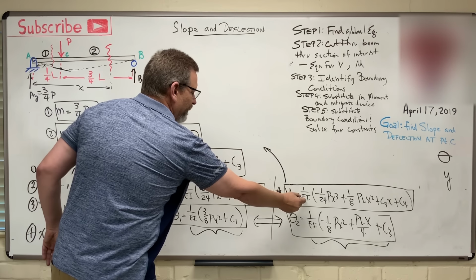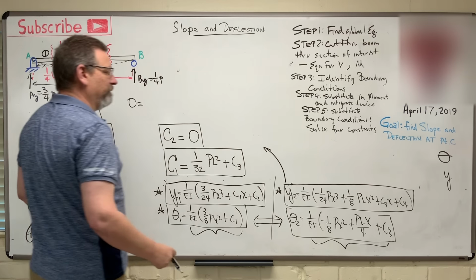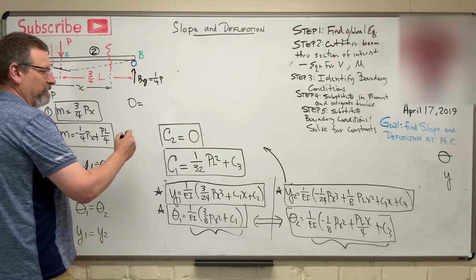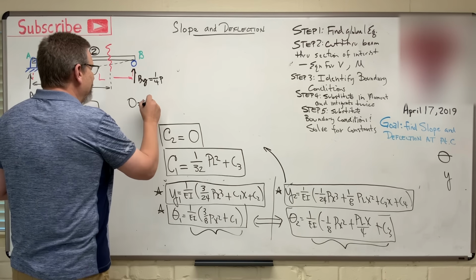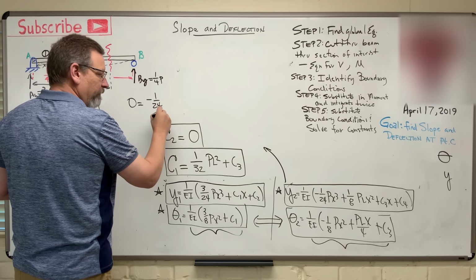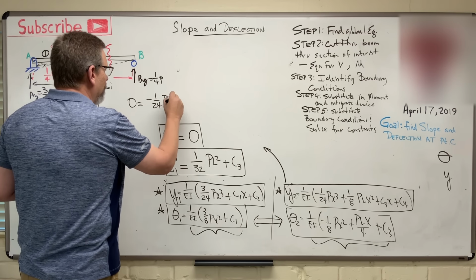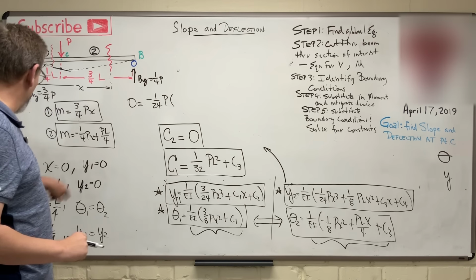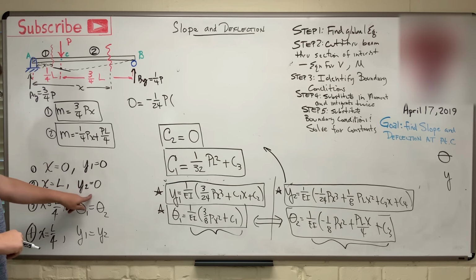Because if I move that to the other side, it's times 0, it's going to go away. So equals negative 1/24 P. And instead of x, I'm going to plug in what? Right here, I'm going to plug in this, right?